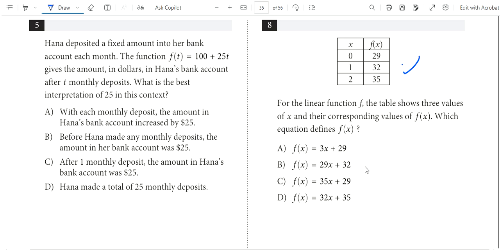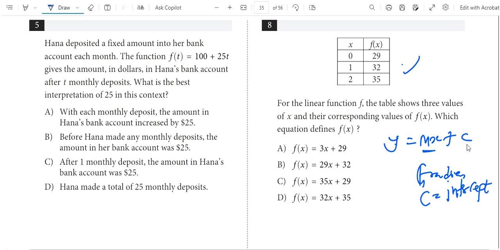Now, if this is a linear function as it seems, the general form for a linear function is y equal mx plus c, where the m value is the gradient, and c is the intercept, where it breaks through the y-axis. Sometimes you could see it as mx plus b. It doesn't matter what letter is used to represent it, but it's a constant that shows where the linear line crosses through the y-axis.